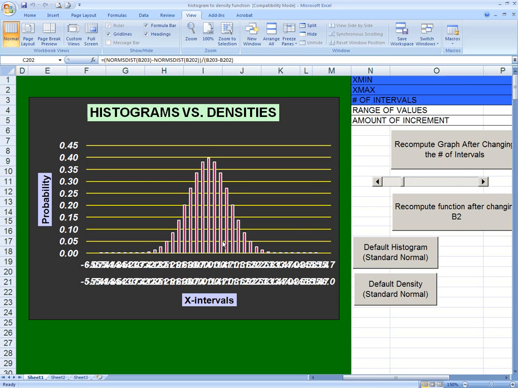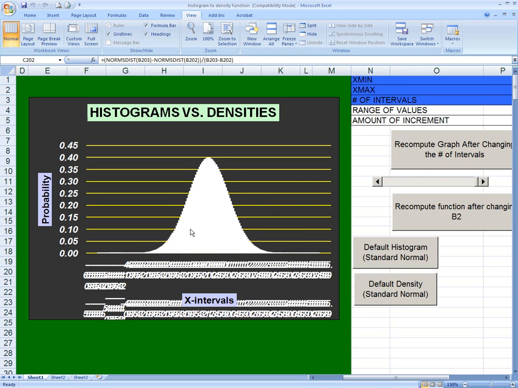These are rectangles, and if we have enough of these rectangles, let's just push it all the way out to its extreme. If we use enough rectangles, my scale on the x-axis is completely smeared out, but what we can see here is that this is basically looking like the area under a curve.